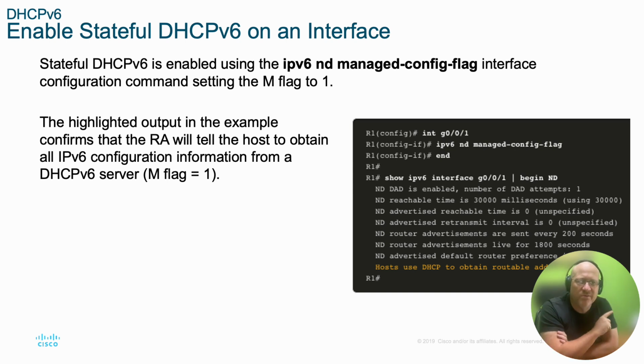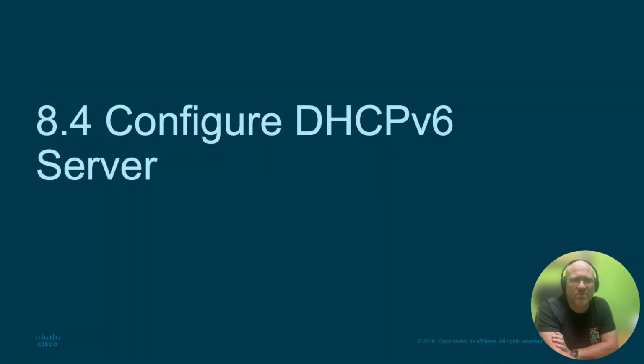So you've got to tell it that it's the right flag, and then when you've got the right flag, you can set up the configuration. So no flag, or the A flag, is stateless, the O flag is stateless with DHCP, and the M flag is obviously stateful DHCP only.